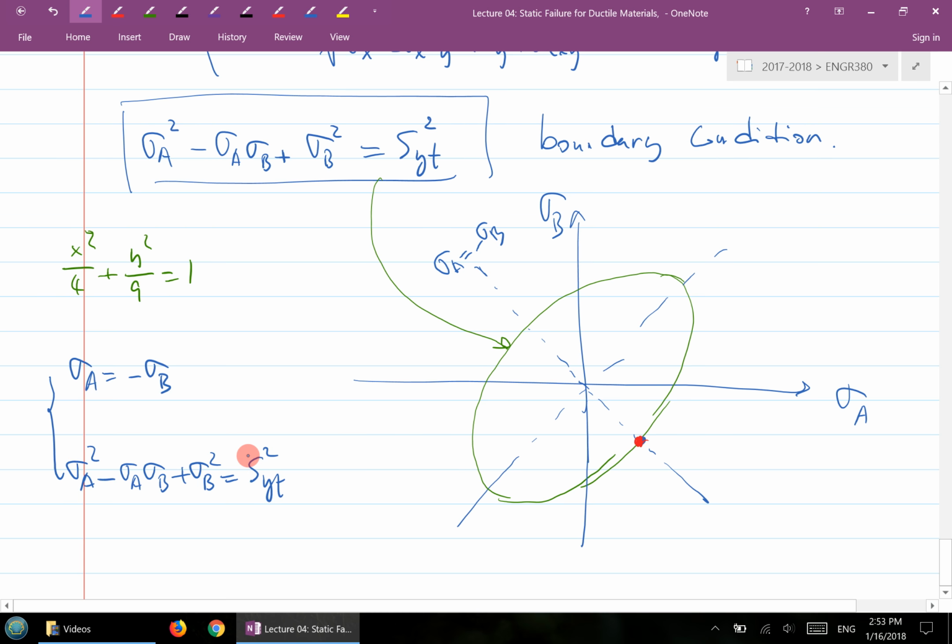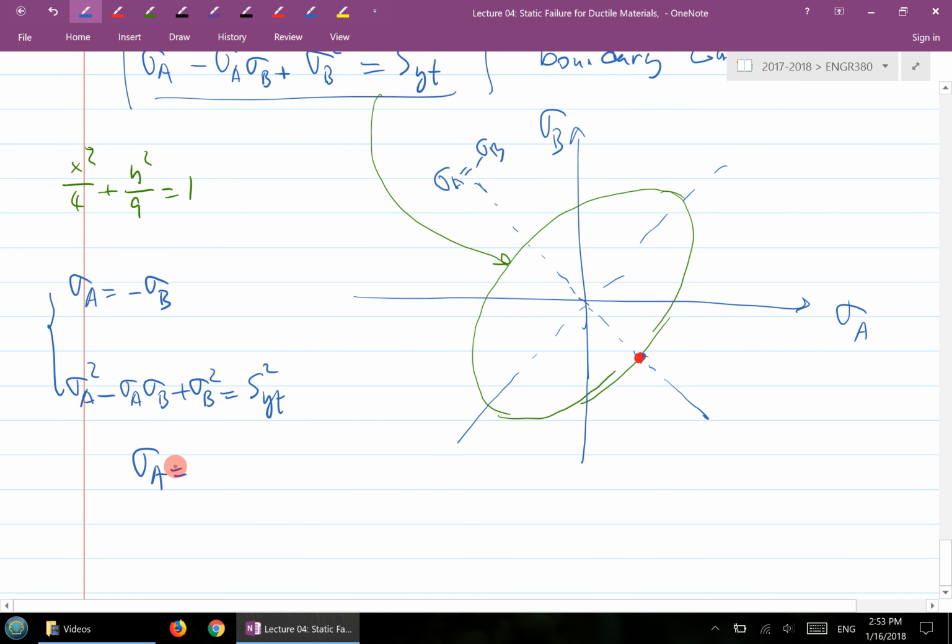Solving this, you get sigma A equal to 1 over root 3 times SYT. So that's basically the maximum sigma A you could have when you apply this torsional test, right? And that torsional test gives us the so-called shear strength.